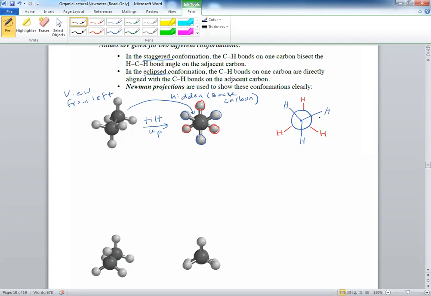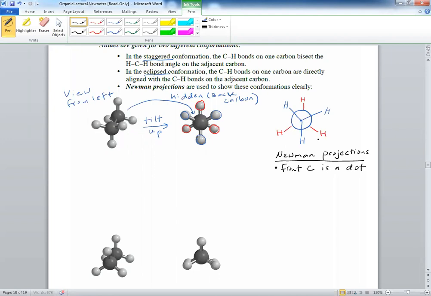There are a few things you need to remember about the Newman projection. Number one is that the front, as we said, the front carbon is a dot. So front C is a dot.